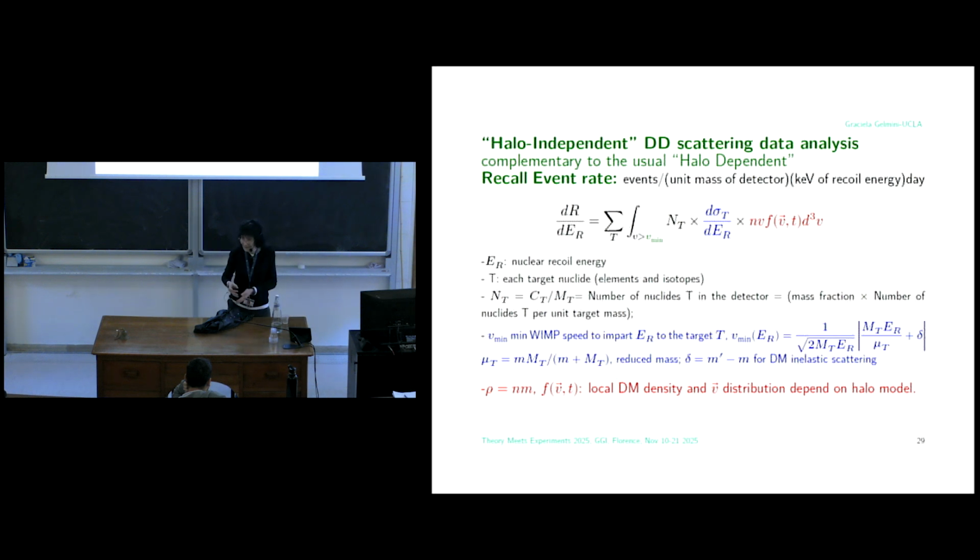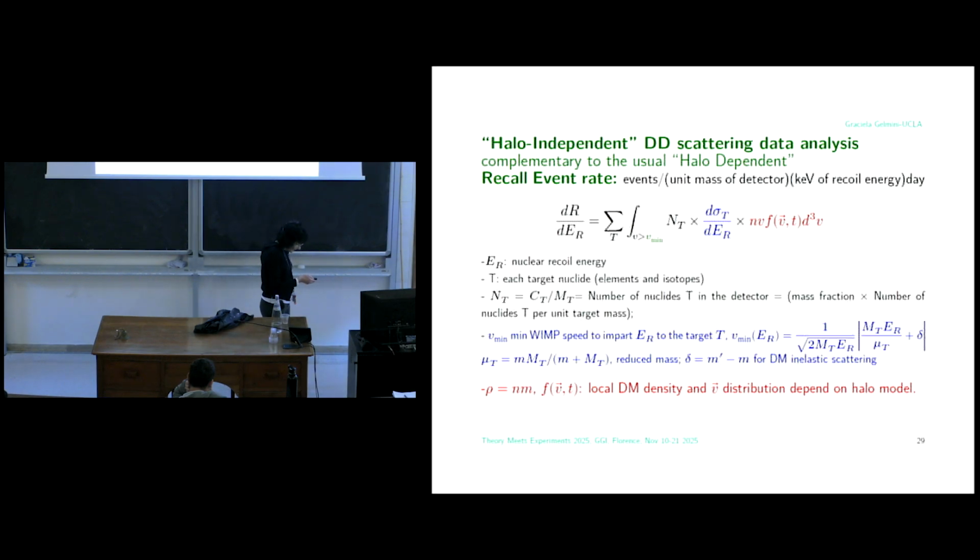Then you get some type of interaction, some type of mass. Then you put this mass and interaction, and you do not assume anything about the halo, and you try to reconstruct the properties of the halo, namely this eta function, for example, or two eta functions, or the velocity distribution itself from the data. That's the idea.